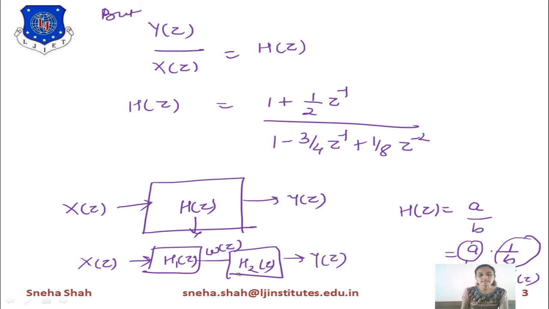Now from this, if we find the value of W(z), H1(z) equals W(z) upon X(z). Similarly, if we find the value of H2(z), its value equals Y(z) upon W(z).